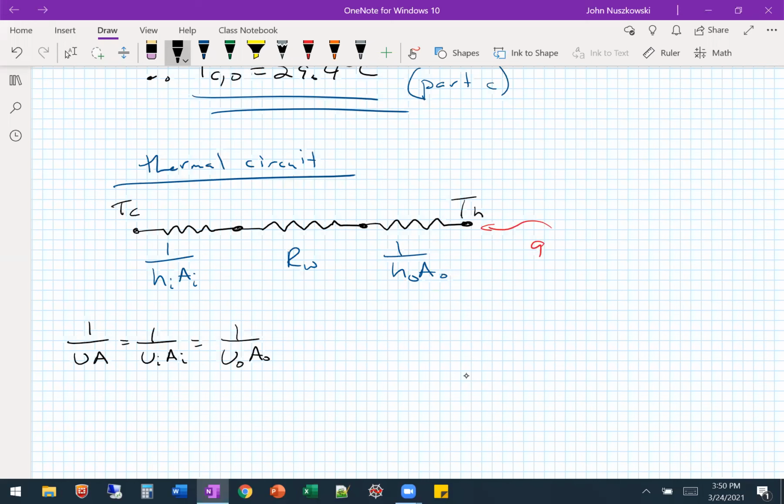So as long as that overall convection coefficient is with the same area, it's U times A is always the same. Okay, so this looks like this. Actually I'm going to do it down one.